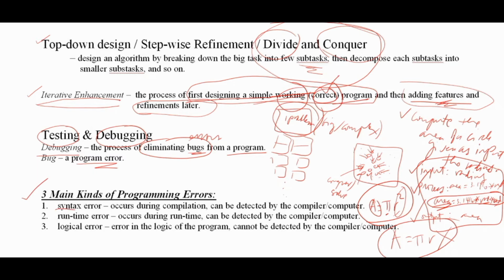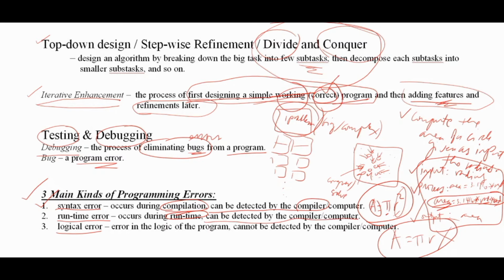First is called the syntax error. Second, the runtime error. Third, the logical error. The syntax error is the most common programming error, and it occurs during compilation, and this can be detected by the compiler. While the runtime error occurs during running time of the program, and this can be detected by the computer.